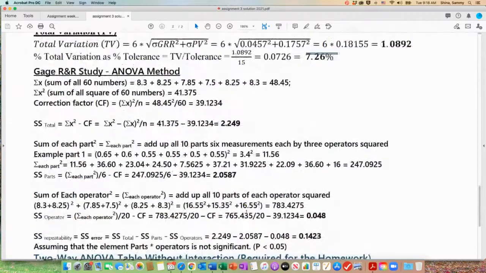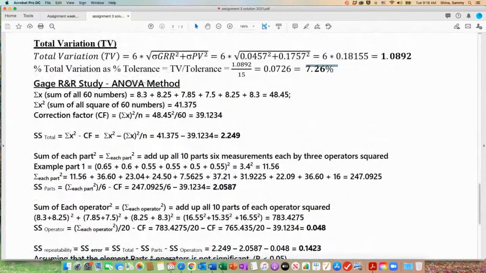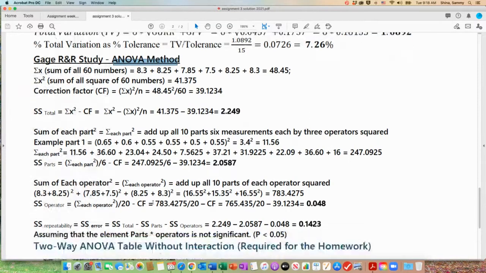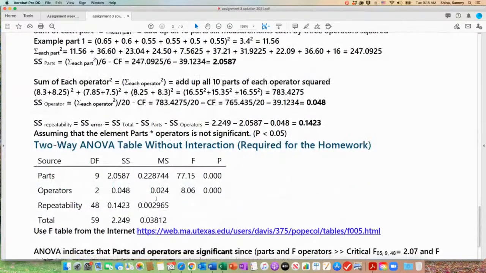So now if we do it using the ANOVA method, the additional information we get is significance, which is based on probability. It is not based on percentages. So that gives us an idea whether the difference is due to the parts. The difference due to the parts is measured as a probability.